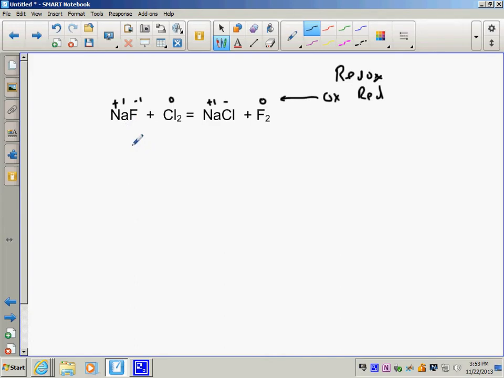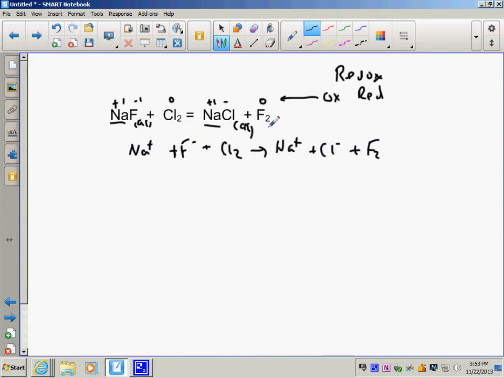All right, so Na plus doesn't change on your side. Now keep in mind these are aqueous ionic compounds. So these would be dissolved in water, and this would be a pure substance and a pure substance. We're mixing them. Na plus F negative plus chlorine gas yields Na plus Cl negative plus fluorine gas.